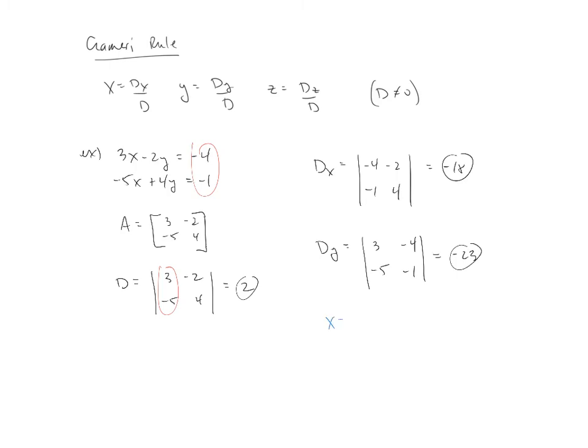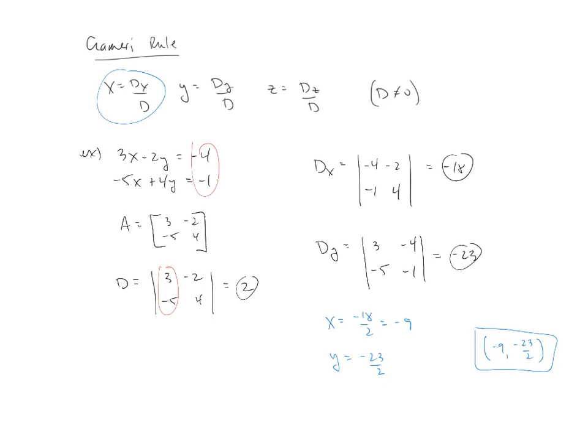Our x, remember from above, will be D sub x over D, so -18 over 2, which equals -9. Our y will be -23 over 2. And because, again, this is a system of equations, we need to write our answer as an ordered pair. So we have the point (-9, -23/2) as a solution to the original 2x2 linear system.